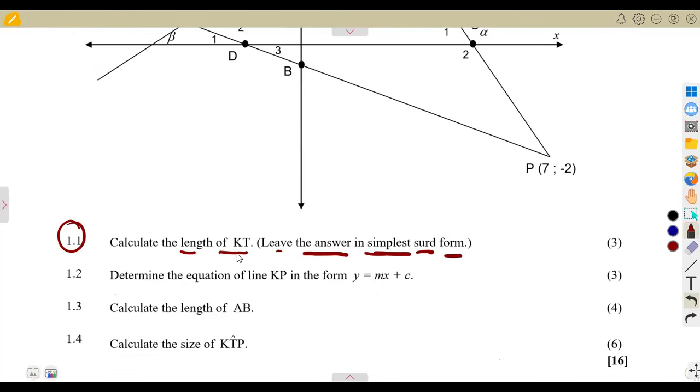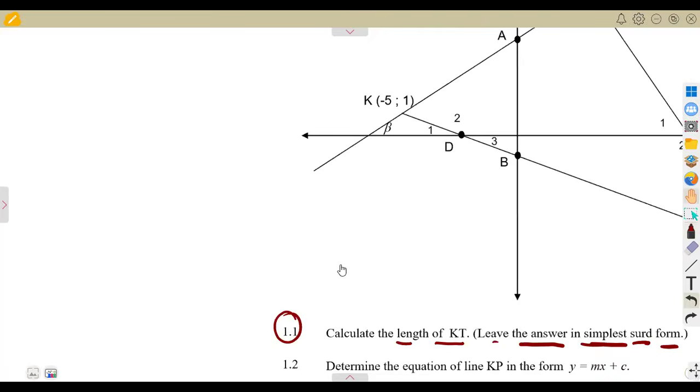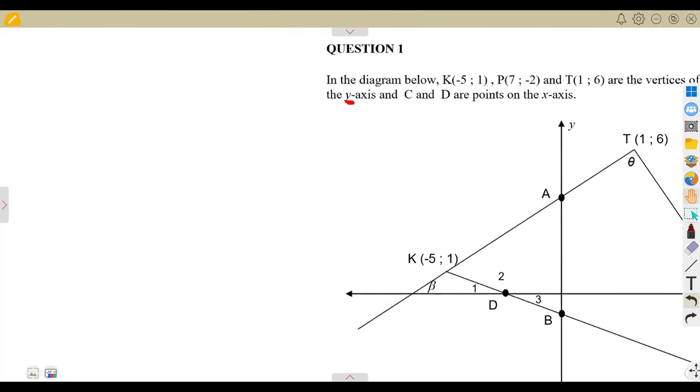The answer must be in surd form. This is the length of a line that you're considering. We are going to need the 2 points which lie on that line, K and T. When given 2 points, we can calculate the length of a line.